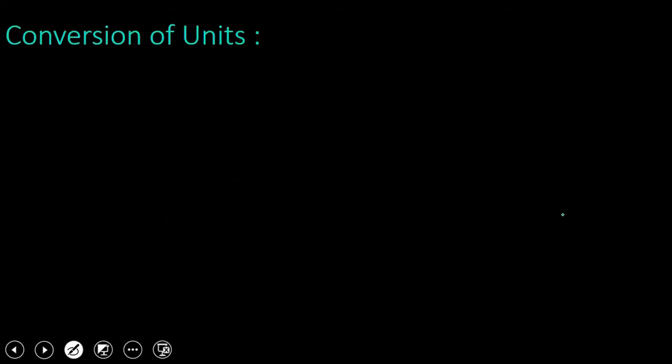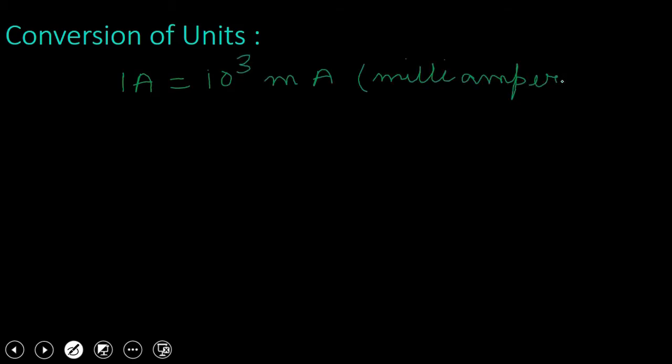Now we will discuss conversion of units. First is 1 ampere is equal to 10 to the power 3 milliampere. And 1 milliampere will be equal to 10 to the power minus 3 ampere. Then 1 ampere is equal to 10 to the power 6 microampere.